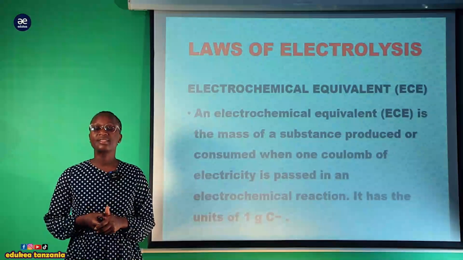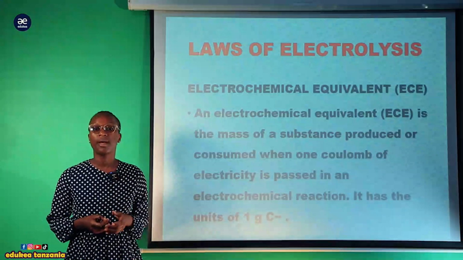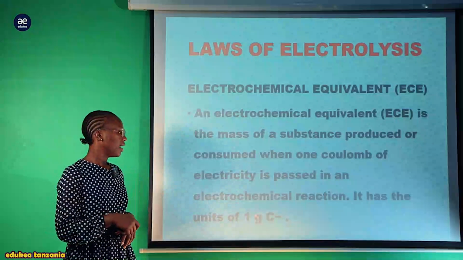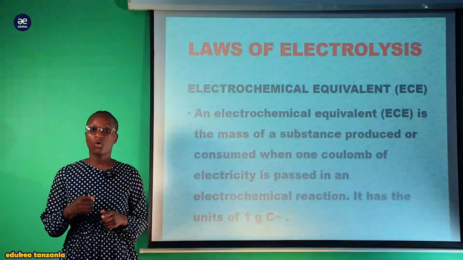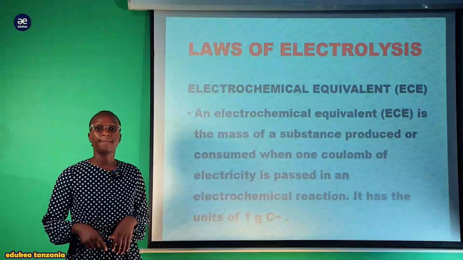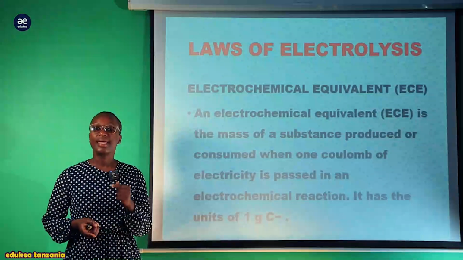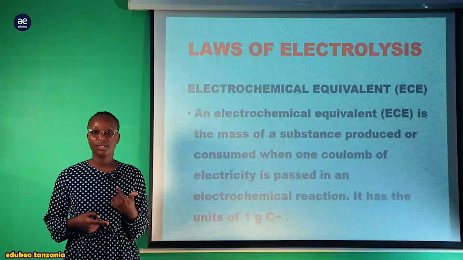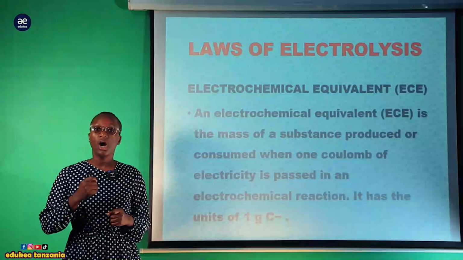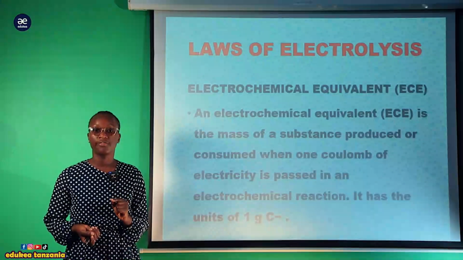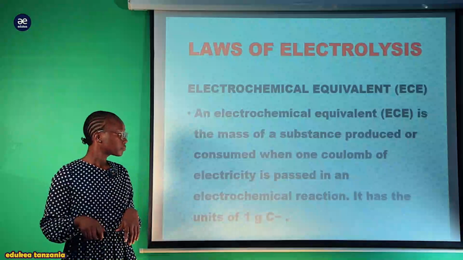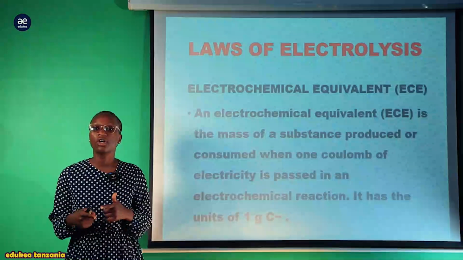What does it mean? It means mass over coulombs, where if we put coulombs inversely, we get gram per coulomb. So the electrochemical equivalent is the mass of a particular substance which is consumed or liberated when 1 coulomb of electric current passes in the electrochemical reaction.